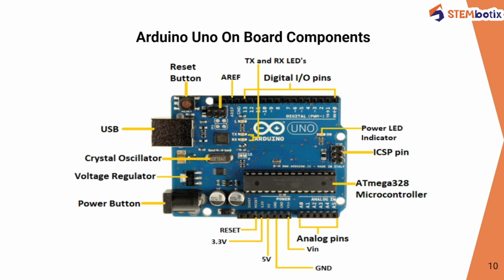And this second one is the RX TX LED. The TX LED flashes at different speeds while sending serial data. TX is the transmit part, so when we are sending data it will flash at different speeds.